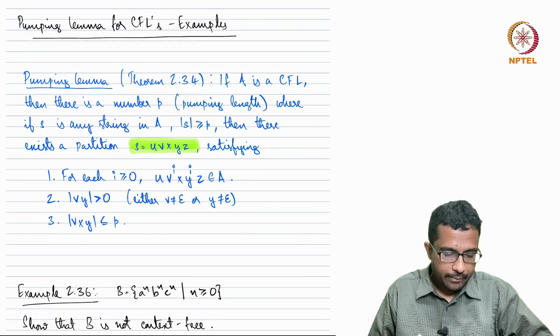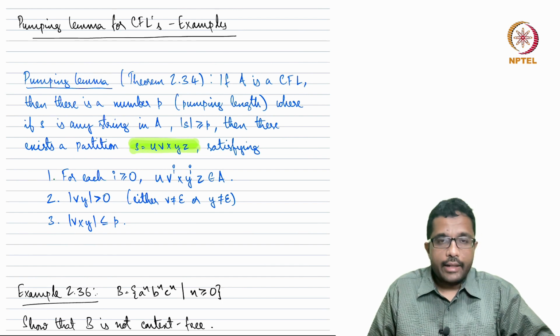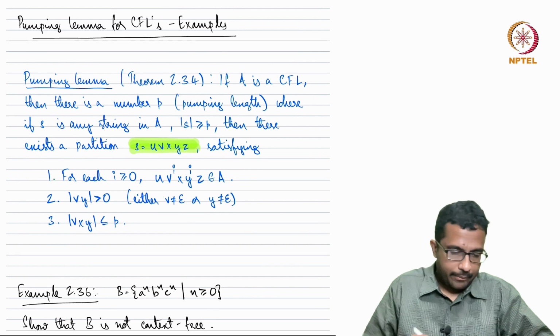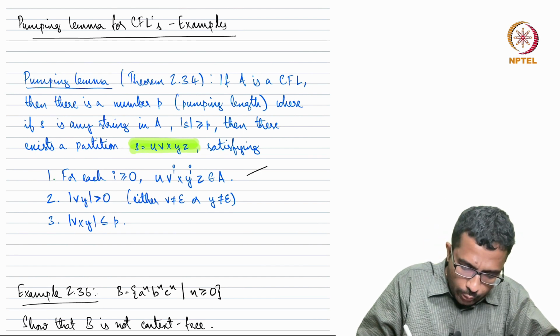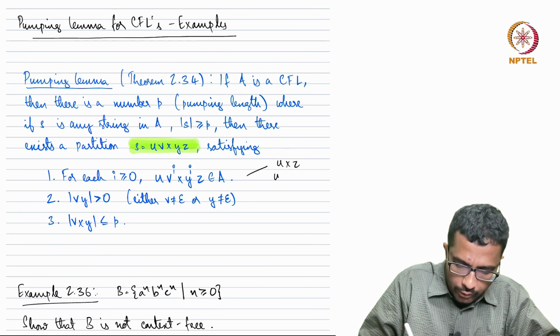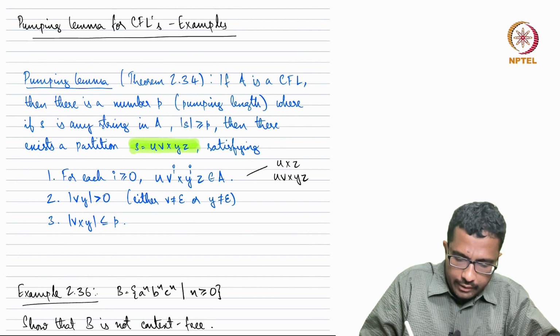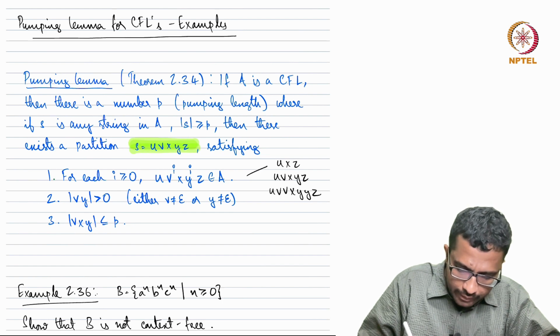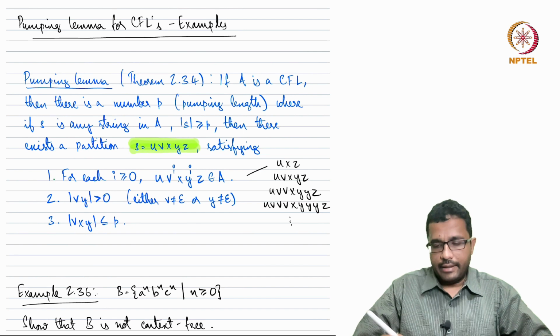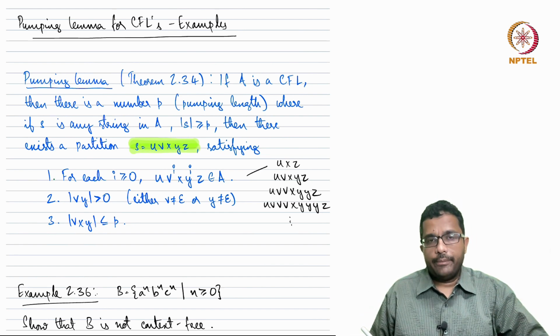First condition is that for each i, u v^i x y^i z is in A. So this gives an infinite class of strings including u x z when i is 0, or u v x y z when i is 1, or u v v x y y z, and so on. So all of these strings belong to A.